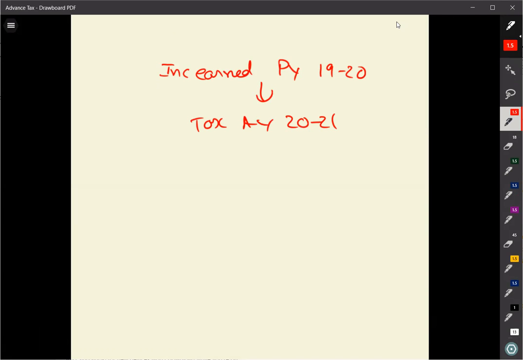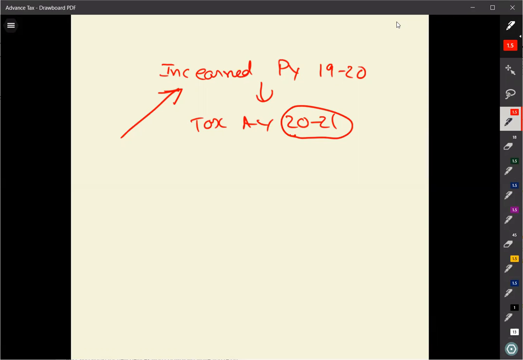That's the general rule. But what is the meaning of advance? Instead of paying the tax in the assessment year, you are supposed to pay the tax in the previous year. So you are not going to wait till the assessment year 2021. You are going to pay the tax in advance, in the previous year itself. That is advance tax.